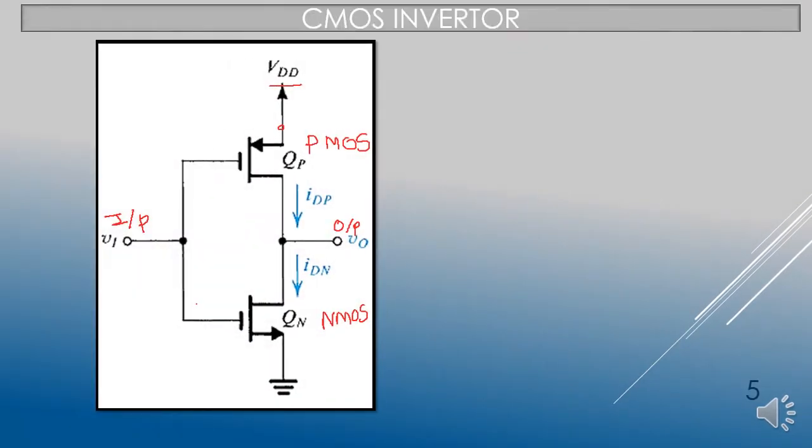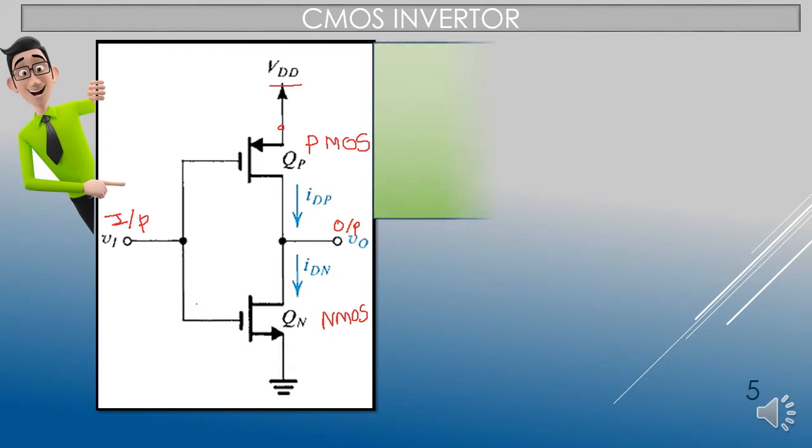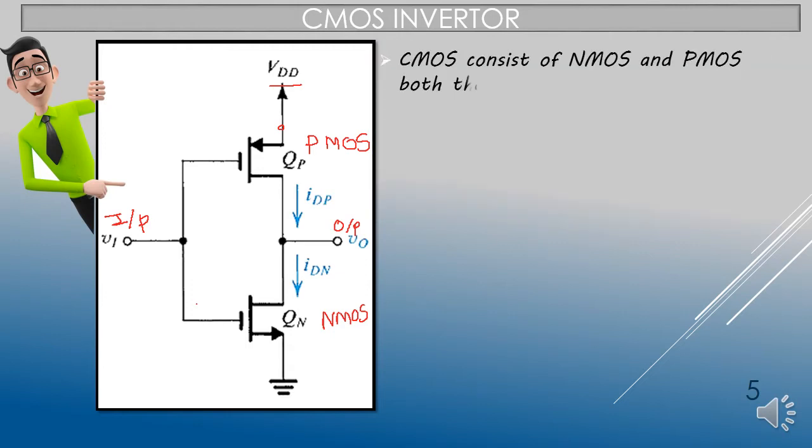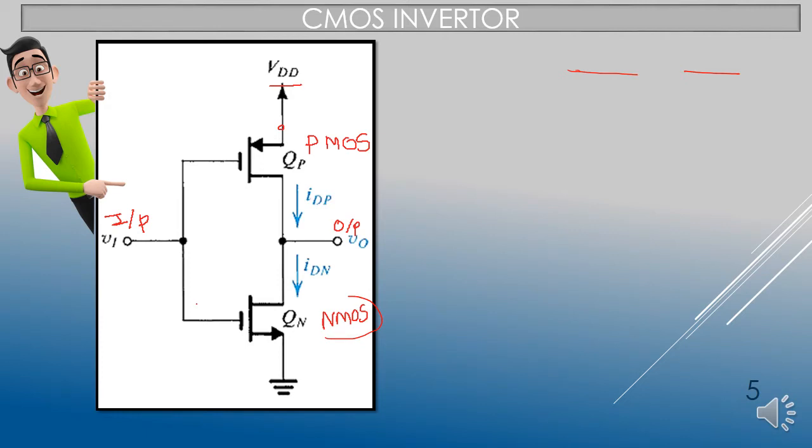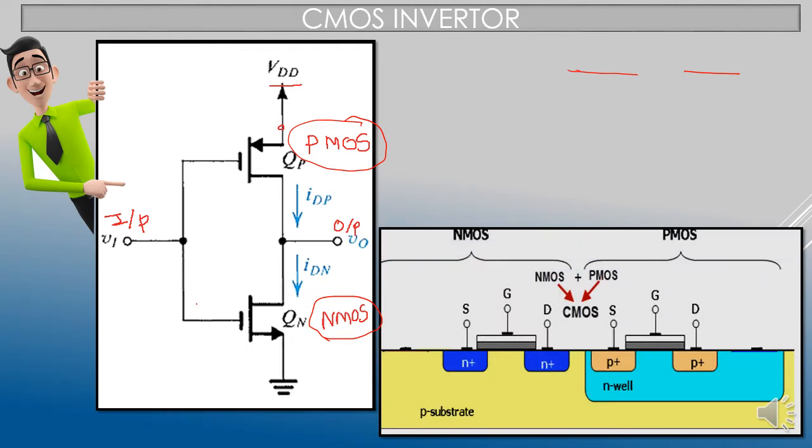This is a circuit of CMOS. CMOS consists of two types of MOSFET, NMOS and PMOS. On the lower side we always use NMOS and on the upper side we always use PMOS. It is a complementary circuit.